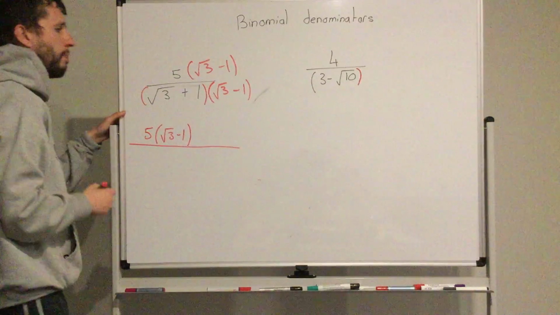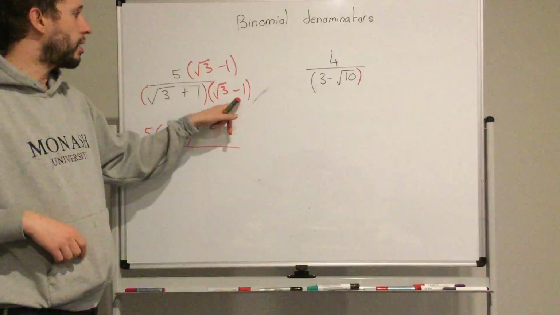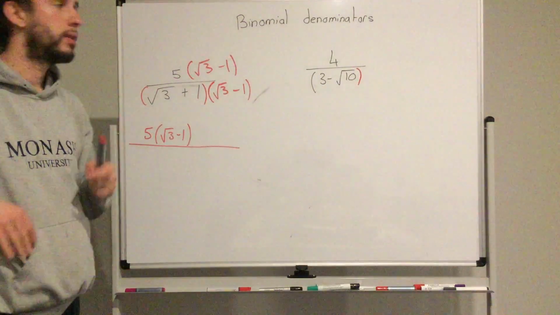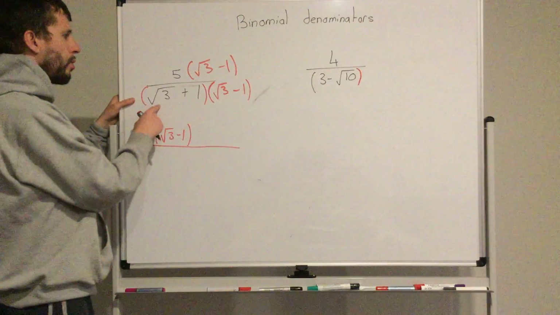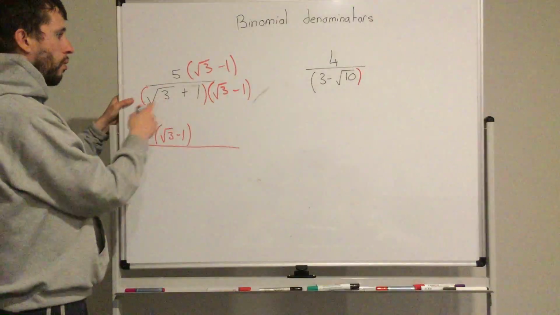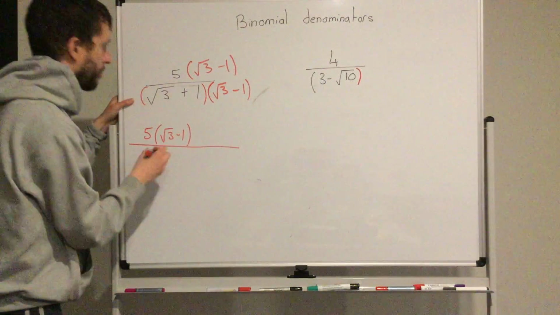I'm going to leave the top as it is for now. Let's see what happens to the bottom. Remember, the square root of 3 must times with everything in the second bracket, and the 1 must times with everything in the second bracket. So square root of 3 times square root of 3, the square roots cancel out and it becomes 3.